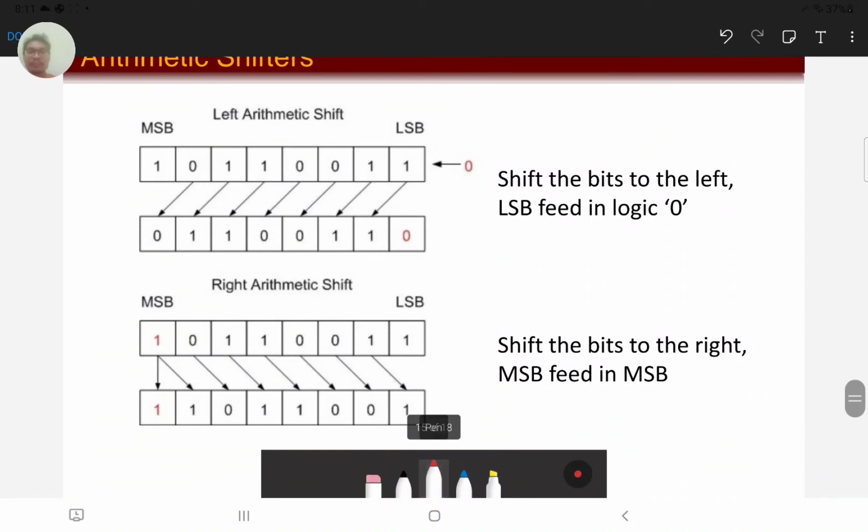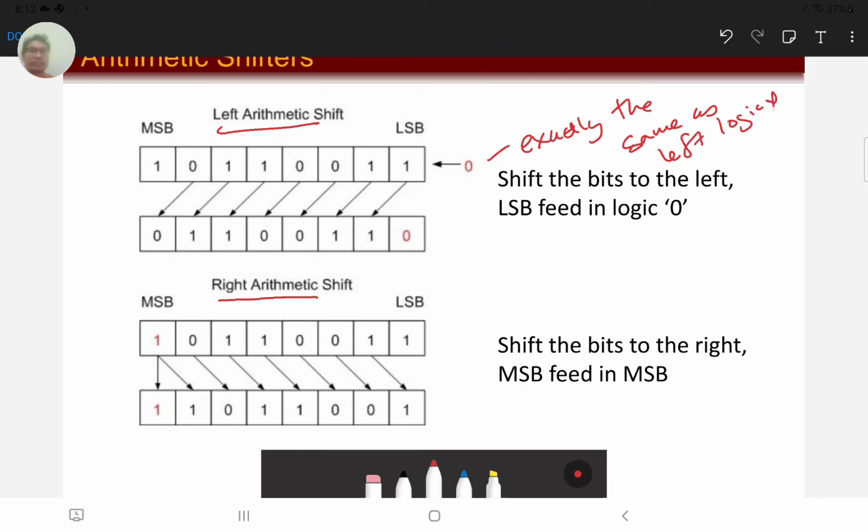What about arithmetic shift? There is a left arithmetic shift and a right arithmetic shift. The left arithmetic shift is in fact exactly the same as a left logical shift, whereby we take the right side, 7 bits, and transfer these values to here.